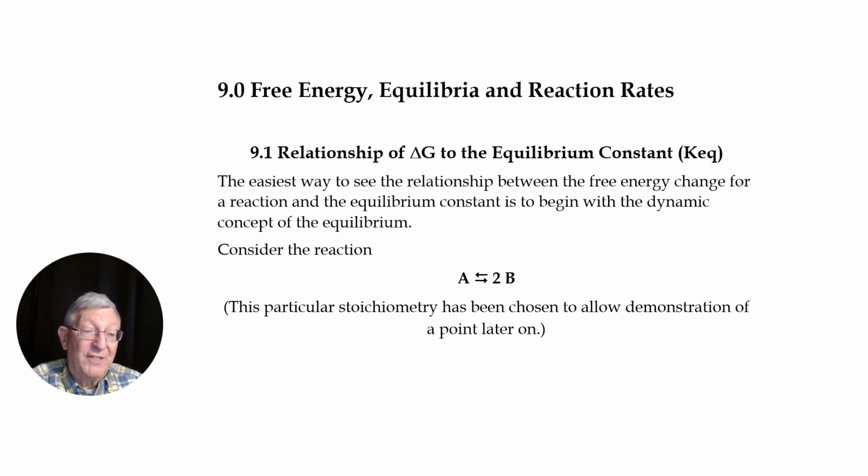This is some sort of a dissociation in equilibrium, but it's selected for a particular reason. Not only do I want to show the basic derivation, but the reason I've selected this particular system is because it will allow me to talk about another step beyond the basic equilibrium.